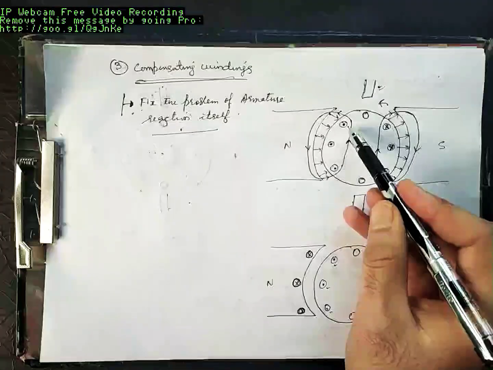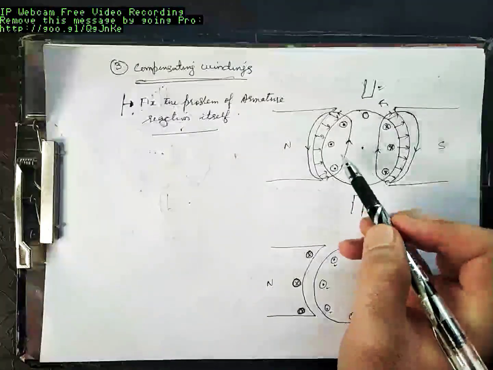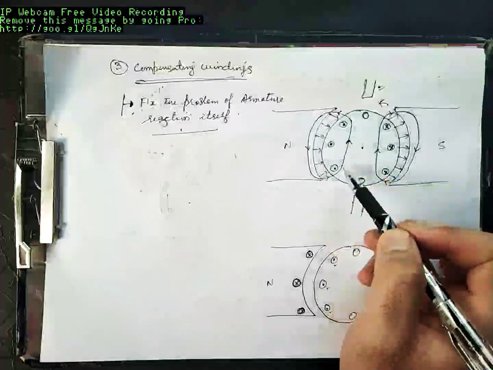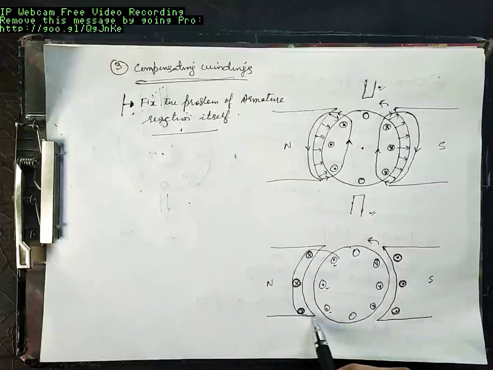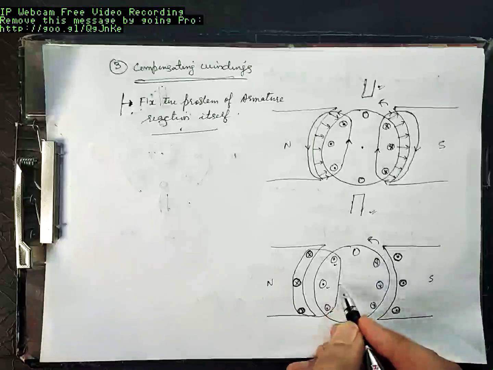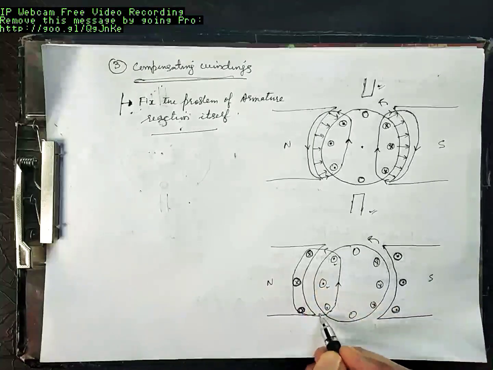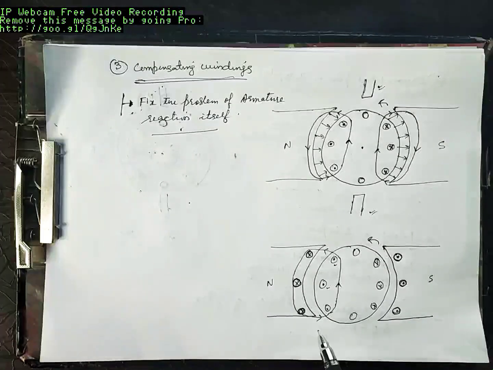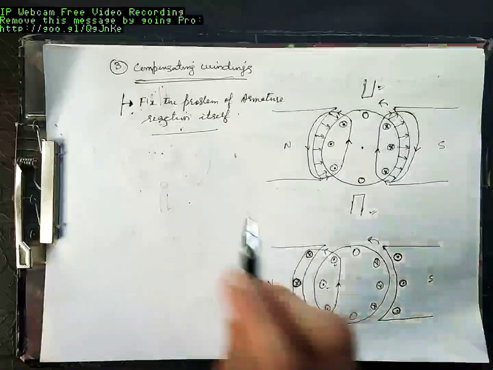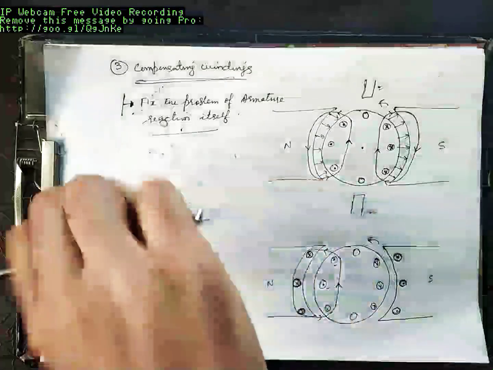Here we saw that these three dot conductors will produce a flux in the anticlockwise direction, and these cross conductors will produce a flux in the clockwise direction.